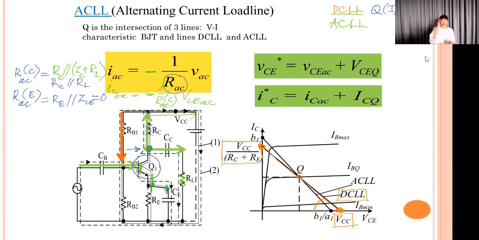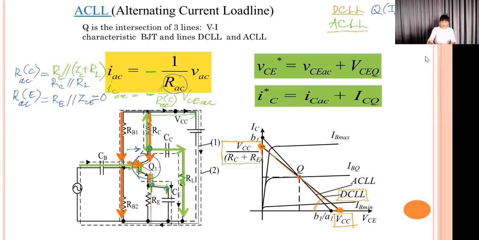It takes 5 minutes, because you should write it down in your textbook and do the homework. This is very important. In the last lesson, I introduced the ACLL, the AC load line.